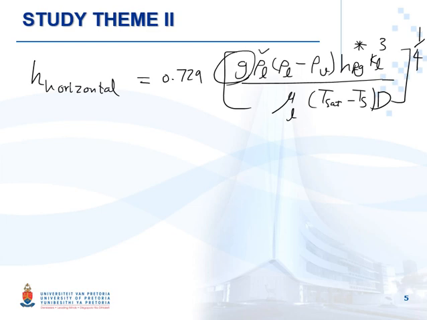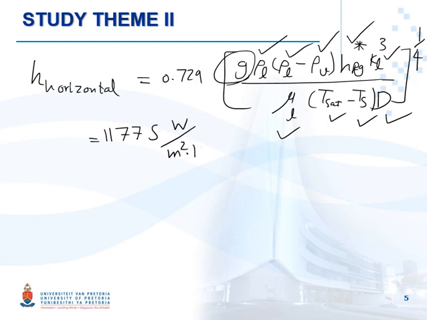Gravity, we have it from the table. T_sat 40, T_s bulk temperature 30, D we have. So if we put all those numbers into the correlation, the final answer will be 11,775 watt per meter squared Kelvin. Okay, we calculated the condensation heat transfer coefficient.